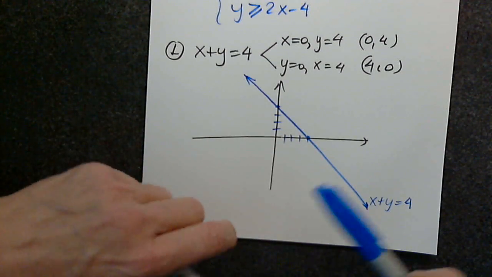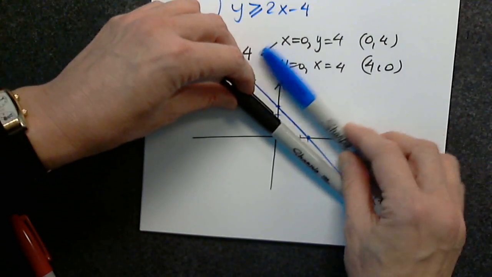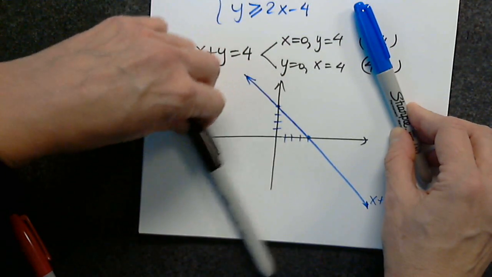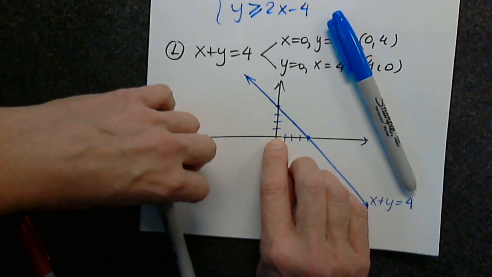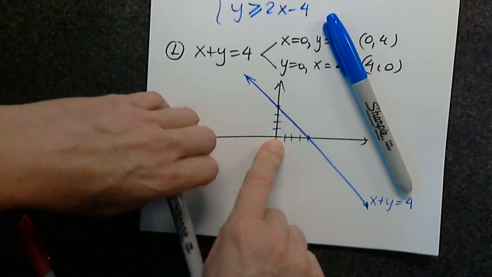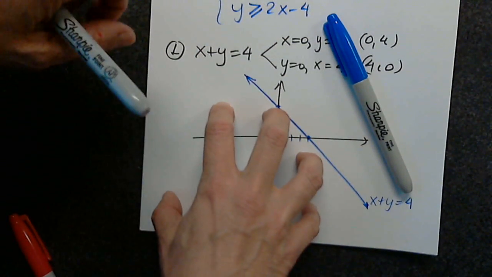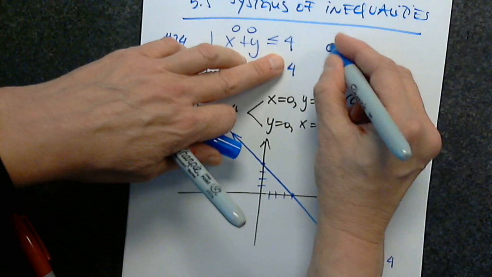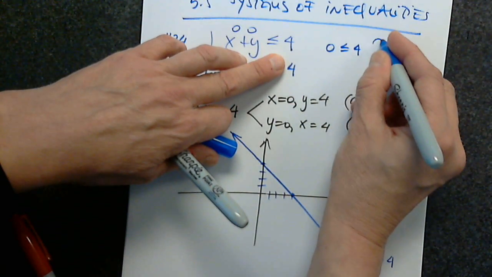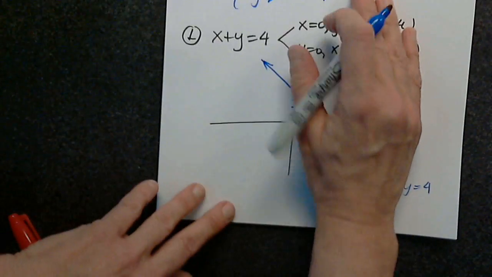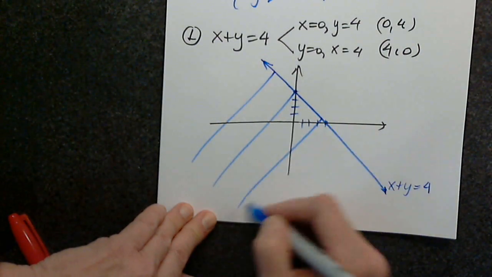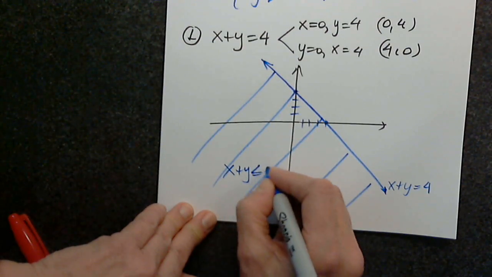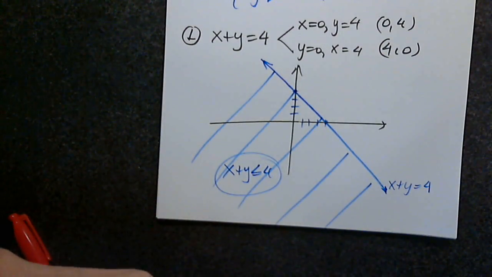I see that it divides the entire plane into two regions, the region above the line and the region below the line. I would like to pick this point because it's the easiest to work with, and I'm checking this region. So 0, 0. I get that 0 is less than or equal to 4. Is this true? I will shade it in. And I will say this represents x plus y less than or equal to 4.